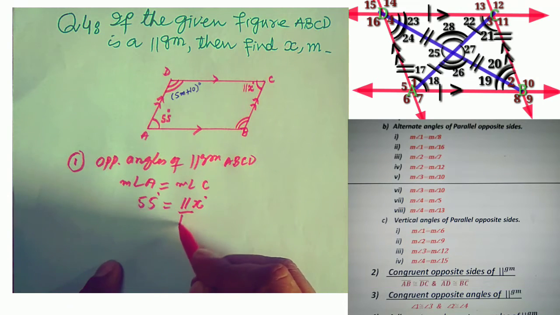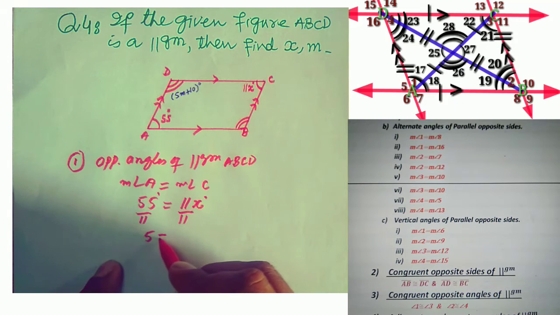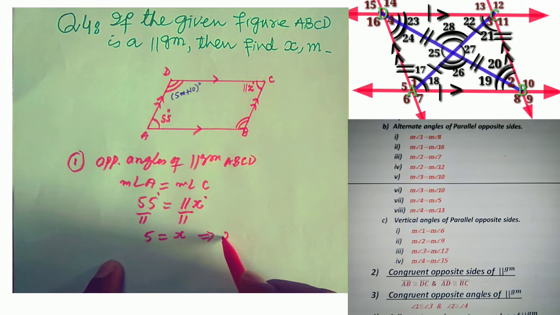Dividing both sides by 11, then the value of x will be 5 degrees.